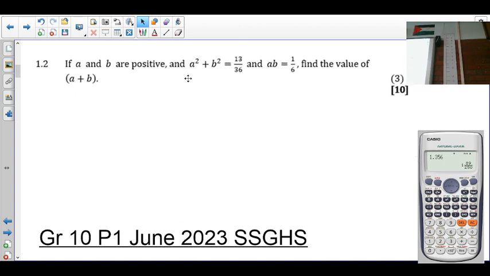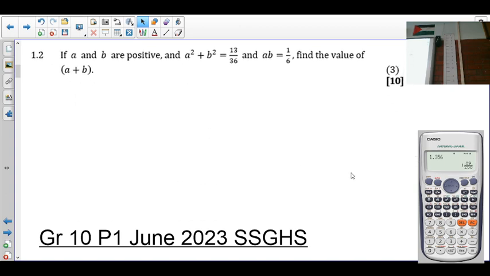People, in 1.2, if A and B are positive, and A squared plus B squared is equal to 13 over 36, then we are told that AB is a sixth.